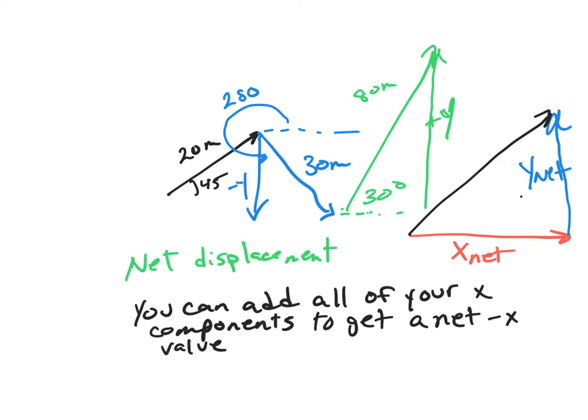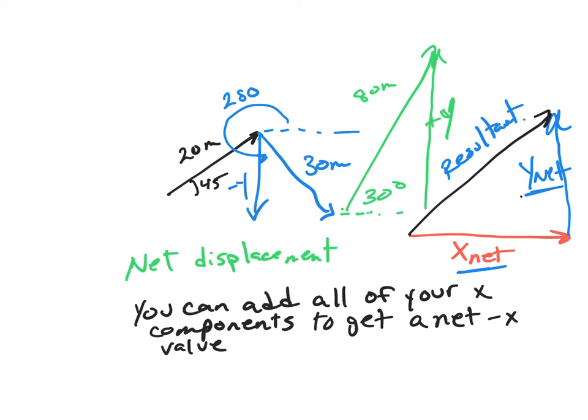So when we break up our resultants into their individual components, we can add our x's, we can add our y's, just like we've been adding vectors in one dimension, taking into account the positive and the negative, and then we combine them together as an x and a y component to find our resultant.